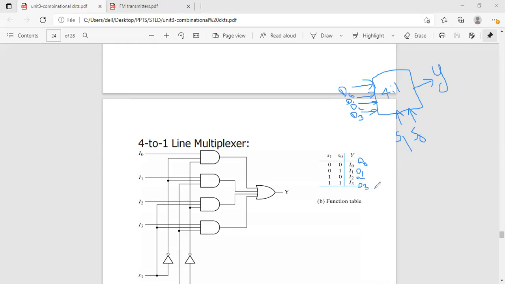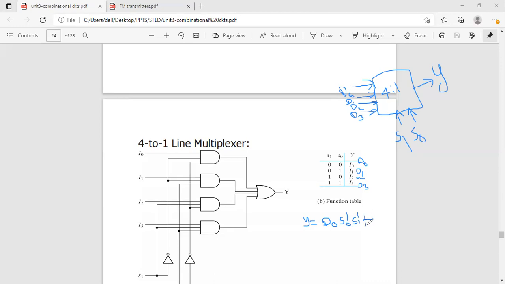So how can you write the output expression? We can write the output expression Y is equal to, always the data is present. D0 data will be present when the input S0 is 0 and S1 is 0, so you have to write S0 bar and S1 bar.